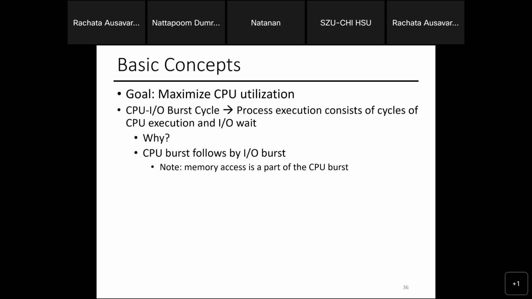That becomes the I/O burst. The CPU burst typically is followed by the I/O burst. If I want to use the CPU, I group it together into one single CPU burst. And a quick note, memory access is a part of the CPU burst.